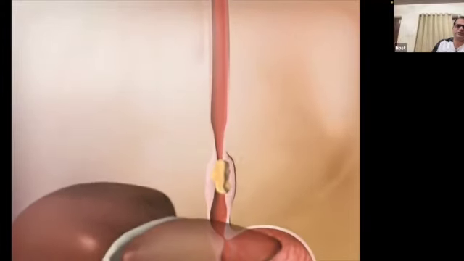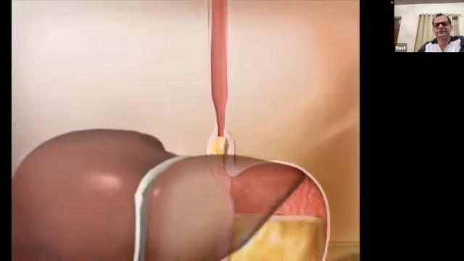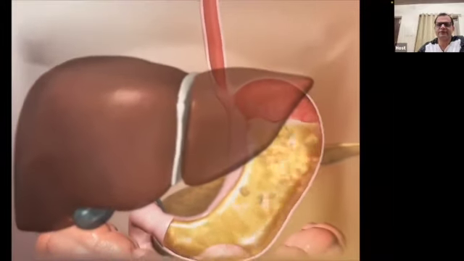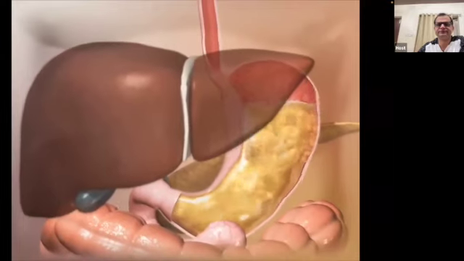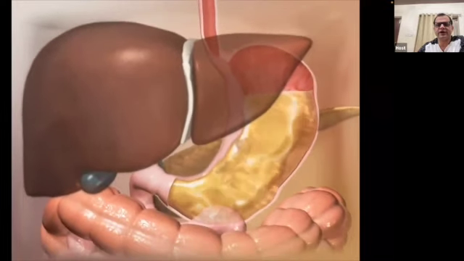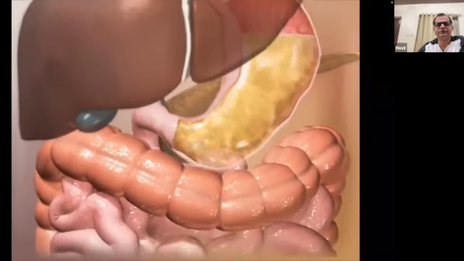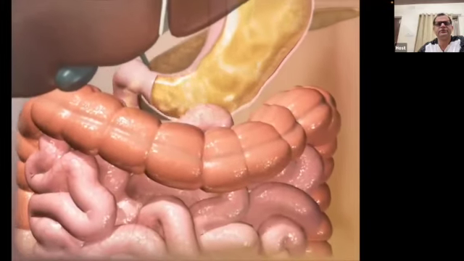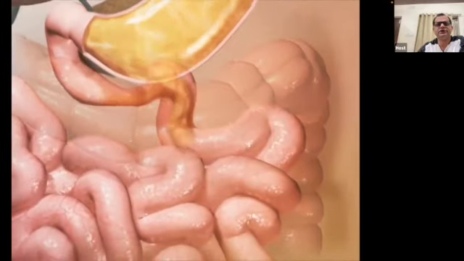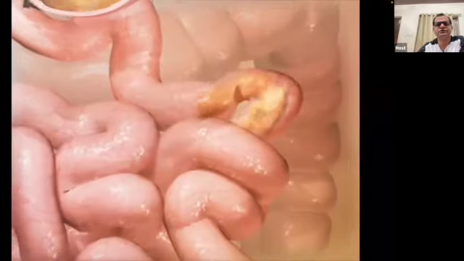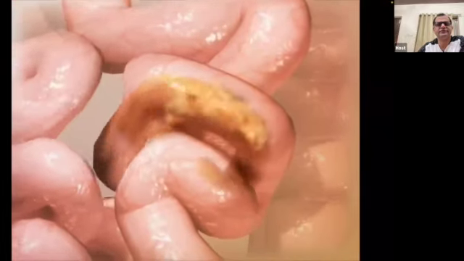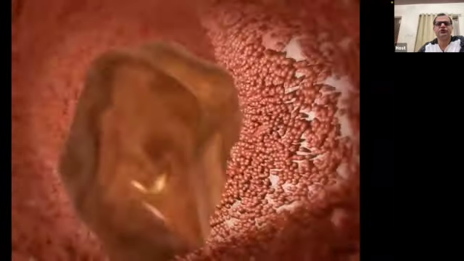Then from the food pipe, it is reaching the stomach. We can see the hydrochloric acid melting the food. There is digestion of the food. Then food is going into the duodenum. Then jejunum. This is the jejunum and ileum. So the food is going into the small intestine, we can see.